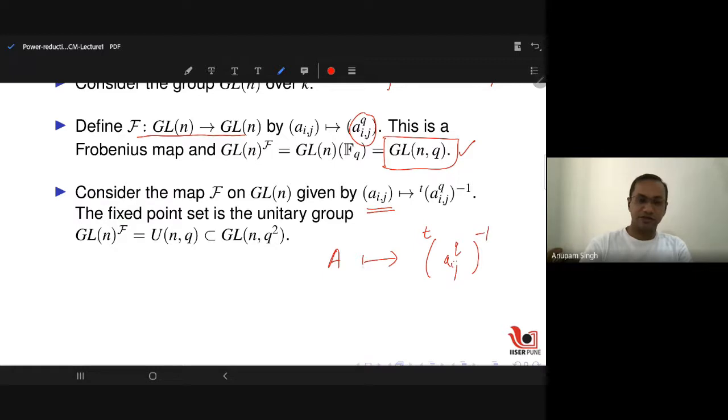For transpose, I write T on the left hand side. Ryan Root was also writing T on the left hand side. It's just to avoid confusion if you are using inverse and transpose both together in the symbol. So if I look at this map, this is also a Frobenius map.